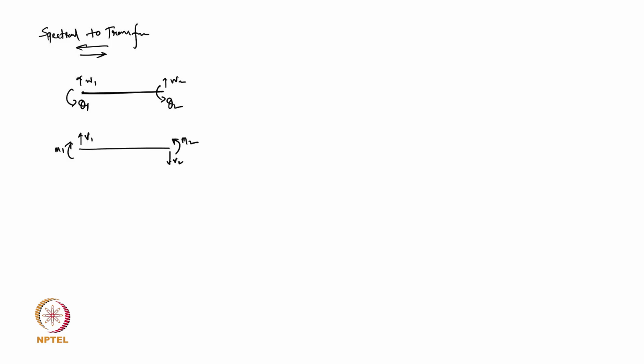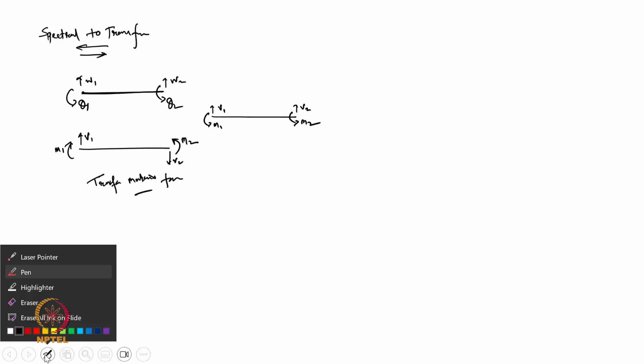This V1, M1, V2, M2 is the orientation we use for the transfer matrix formulation, because this orientation of the forcing parameters comes automatically once you solve the differential equation. And in the spectral element formulation, it comes like V1, M1 and V2, M2.